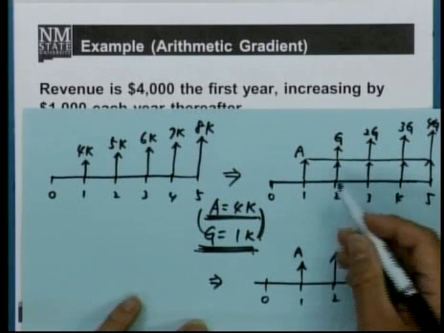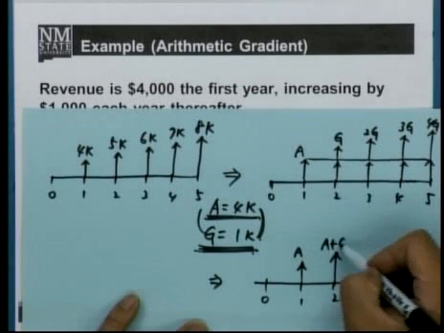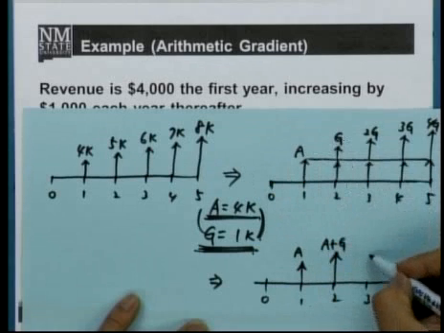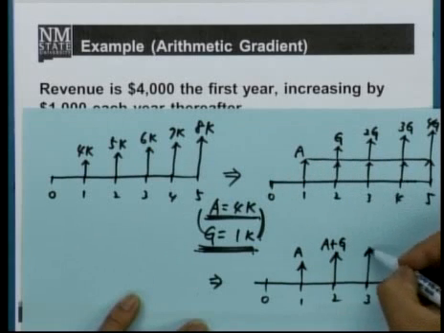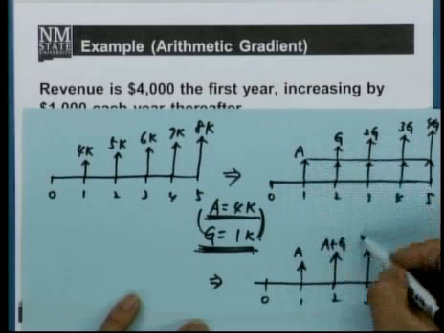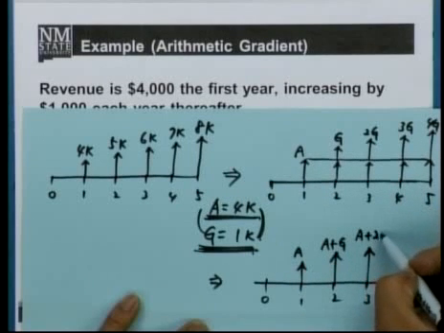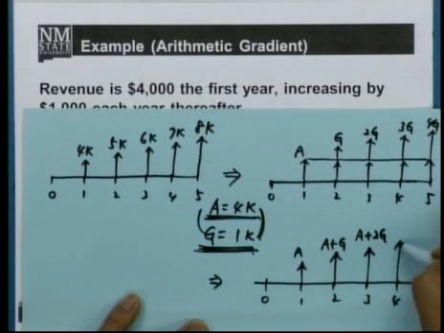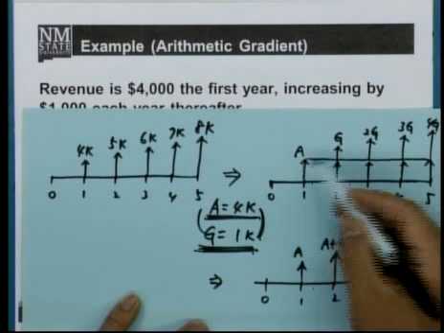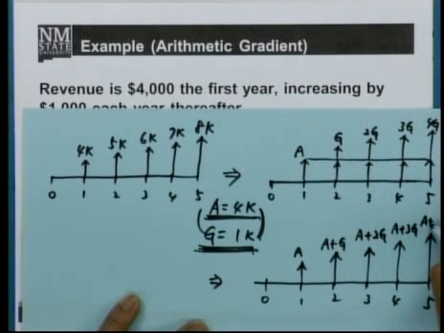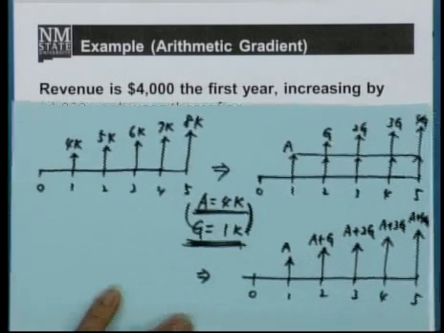At the end of period 2, we have A plus G, right? At the end of year 3, we have A plus 2G. At the end of year 4, A plus 3G. Then at the end of year 5, we have A plus 4G. Okay?